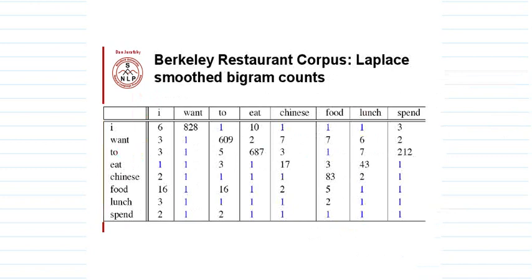Suppose this is the training data, and initially we all had these as zeros, right? All these, in place of ones, we had zeros.